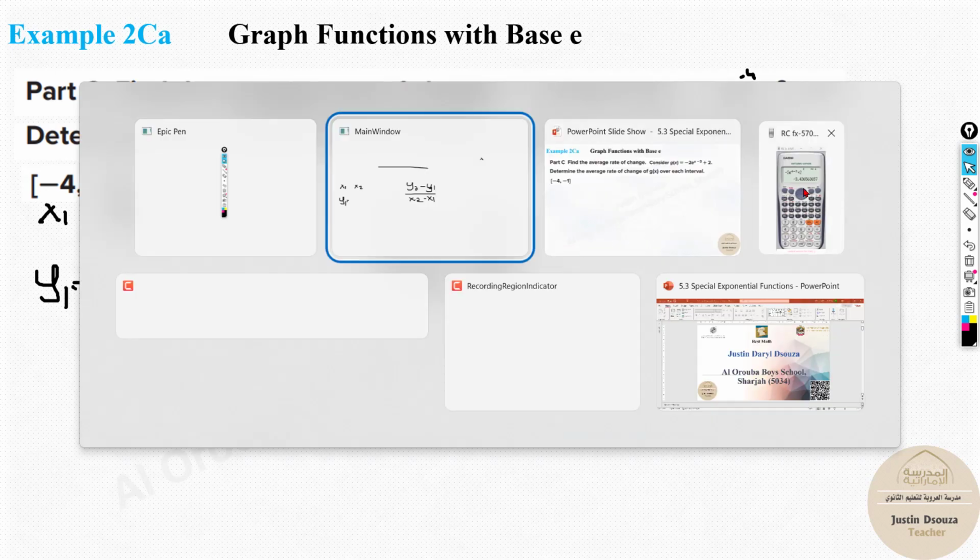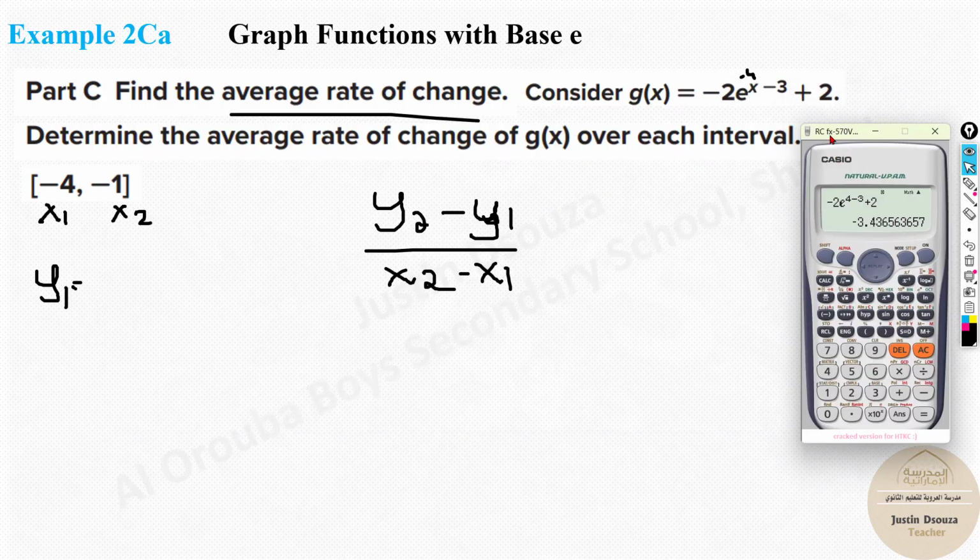So in your calculator, all you need to do is the same equation which we just now typed, -2 e to the power, instead of x I will put -4 -3 plus 2, and the answer is -1.98. I will write it over here, 1.9981. It will be 2.